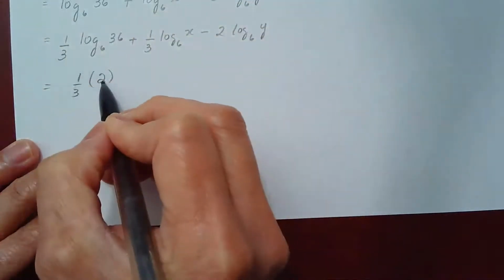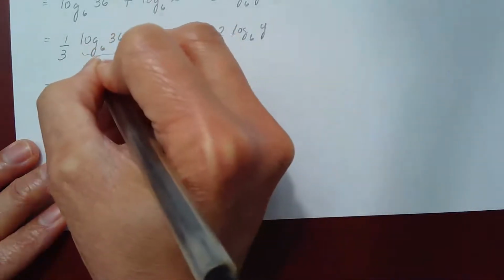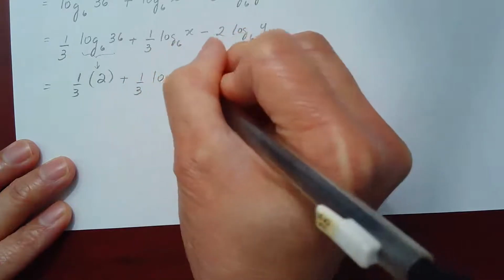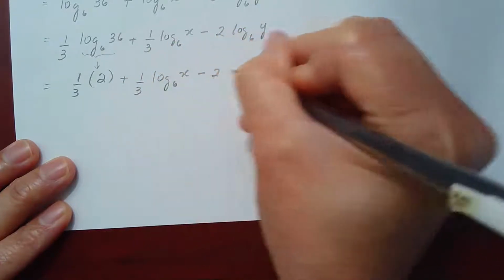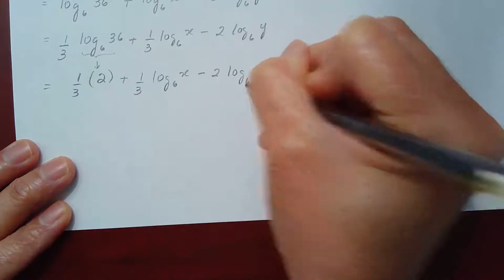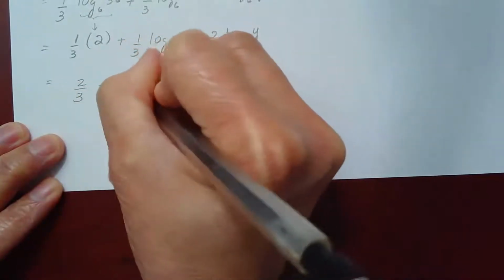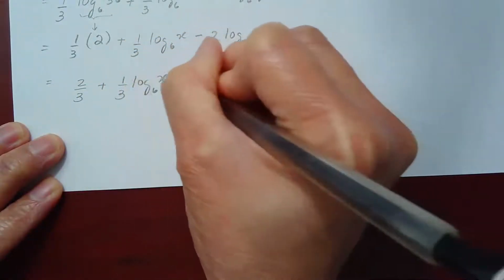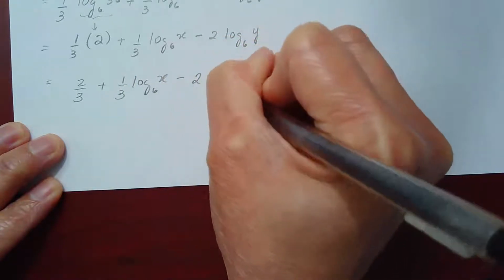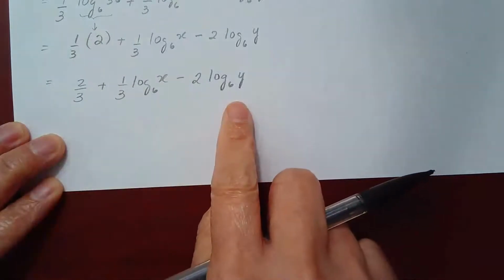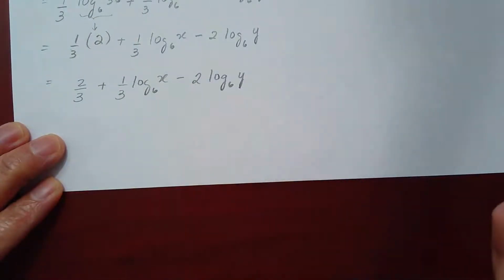So 1/3 times 2, plus 1/3 log of x base 6 minus 2 log of y base 6. This can be simplified as 2/3 plus 1/3 log of x base 6 minus 2 log of y base 6. As you can see, we ended up getting the same answer: two different approaches, but the same answer.